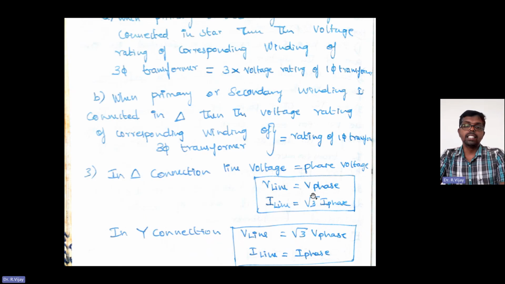Next, star connection: V line is equal to root 3 into V phase, and I line is equal to I phase. This you also need to remember for calculating certain things, whether it is for delta connection or star connection. That is, I line is equal to I phase for a star connected transformer.